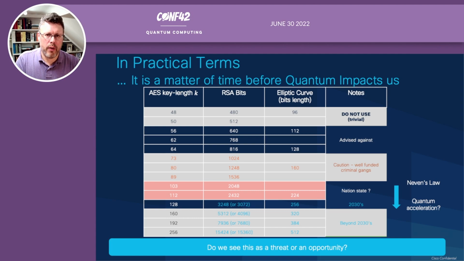If we apply that to the current ciphering algorithms that are in networks today, we can see that a quantum computer has the potential to break the cipher of certain key lengths. And this is what this chart is showing. It also shows that there comes a point when Nevin's law starts to accelerate the potential for a quantum computer to break the ciphering in current networks.